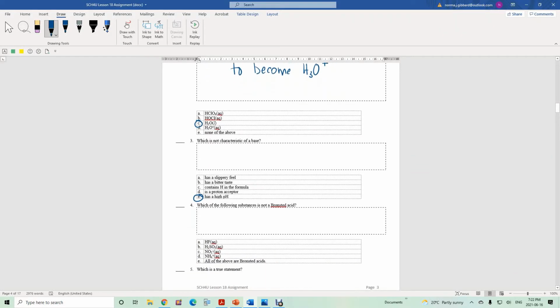Okay, number 4. Which of the following substances is not a Bronsted acid? Your answer there is C. And why? NO3 minus is the conjugate base of the acid HNO3.